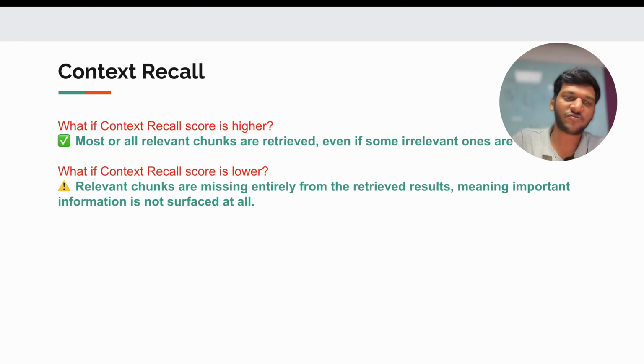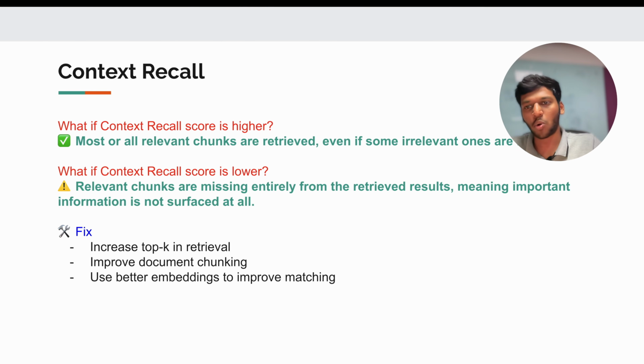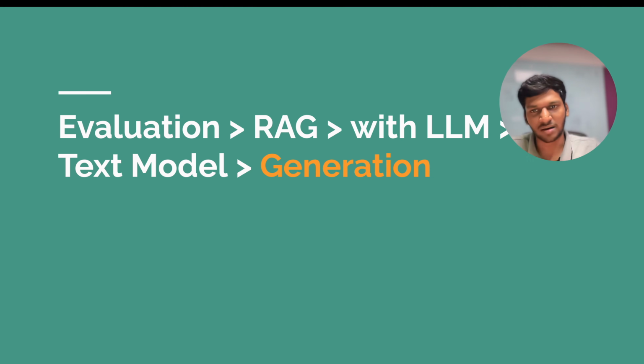That means important information we didn't get in the chunks. If this is lower, we need to increase the top K, and implement a document chunking strategy, better embedding or matching models. So this says something is wrong on the AI engineer side, how we documented or how the vector database acts. Now we have seen the two topics on the retrieval side.